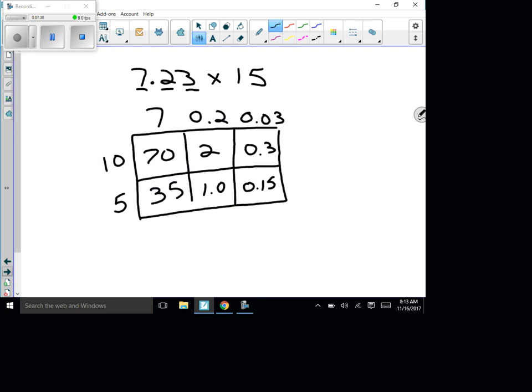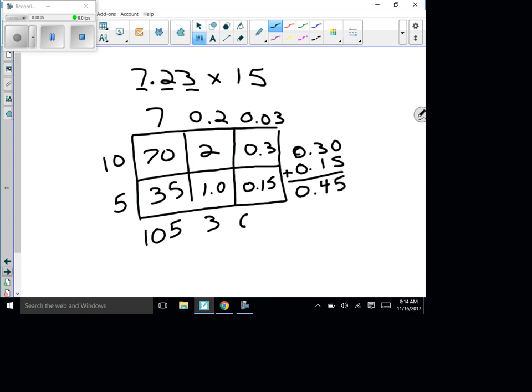And then we just add them up again. 2 plus 1 is 3. And then for these ones, just make sure that they are all lined up the right way. So 0.3 plus 0.15, notice that I lined up the decimals.